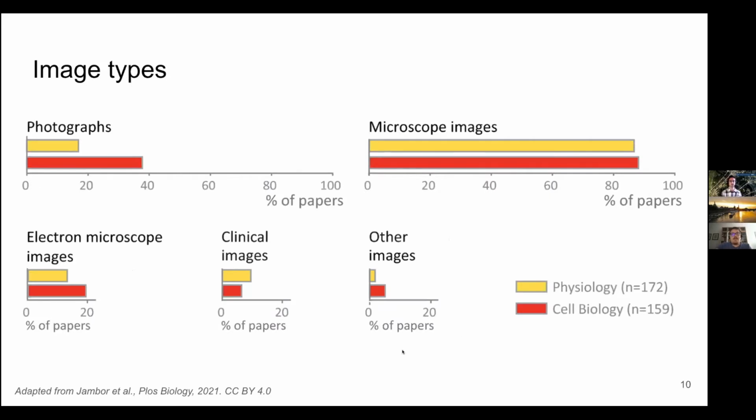So we first looked at the types of images that were present in the papers, excluding the papers that did not contain any bioimage. And the most common type of bioimage was microphotos, in 90% of the papers. Then photographs, especially in cell biology, some EM, and a few clinical and other bioimages.